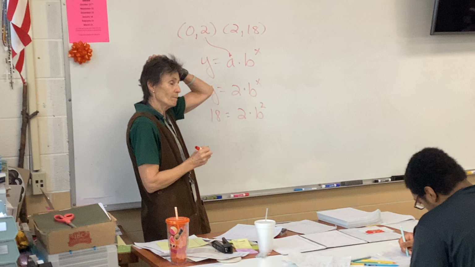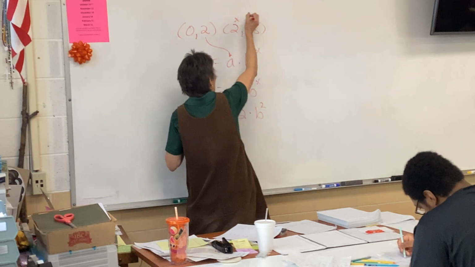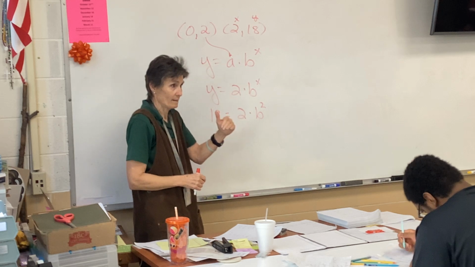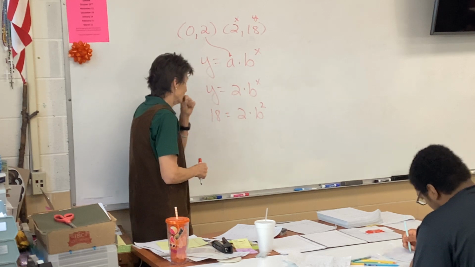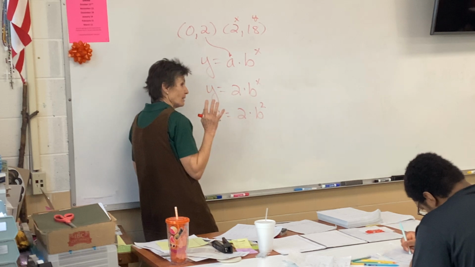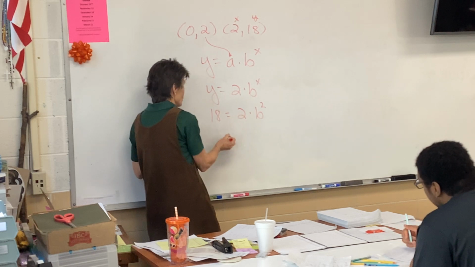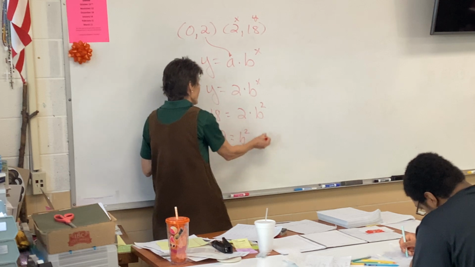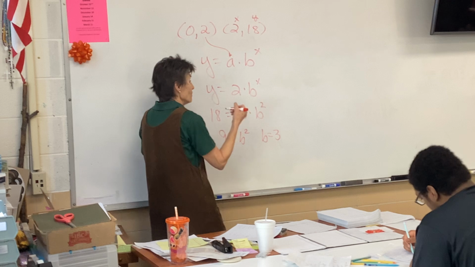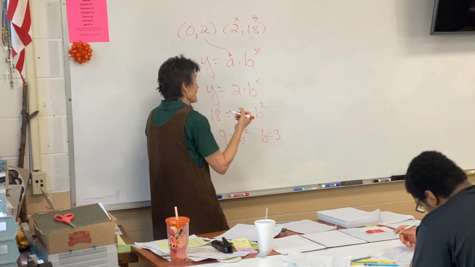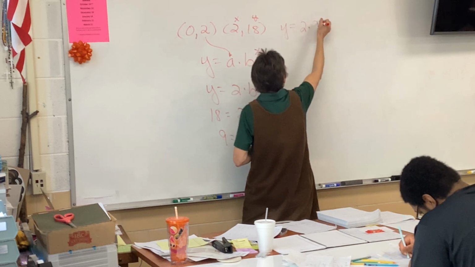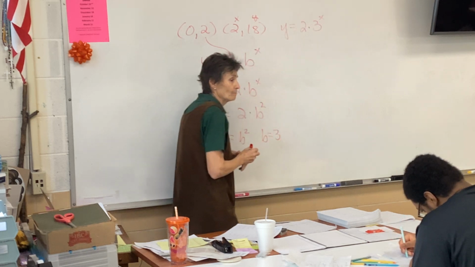Remember, this is an x and a y, so when you start plugging in, it goes in for x and y. Now what? Divide by 2, just like you've done all day. Get rid of that number. So 9 equals b squared and b equals 3. And then write the answer: y equals 2 times 3 to the x.